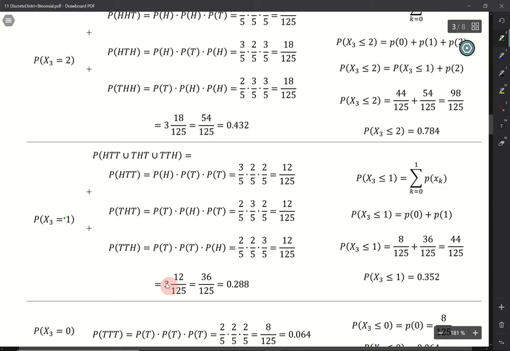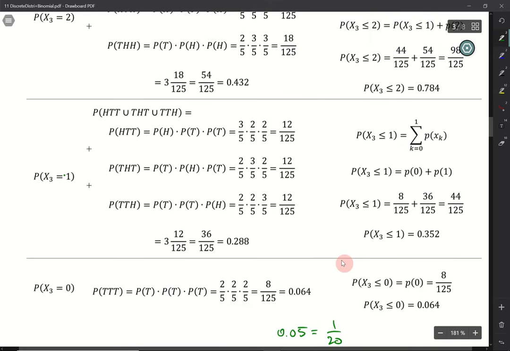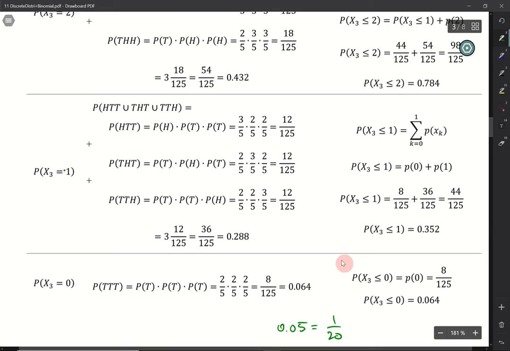So we still have 3 of them, but it's now, instead of 2 0.6s and a 0.4, it's 1 0.6 and 2 0.4s. So that's why it's a little bit smaller. Okay. And so the raw probability is 0.288. So this would be like the probability mass function.